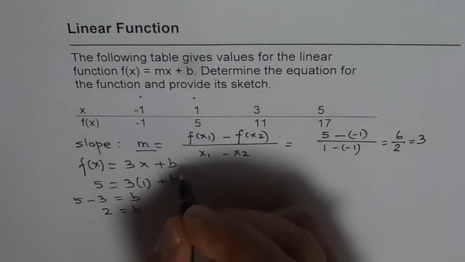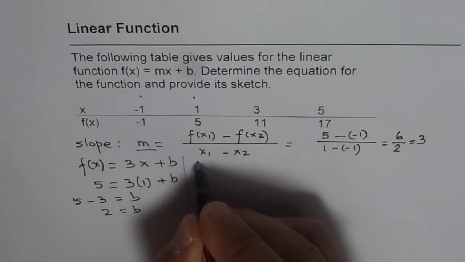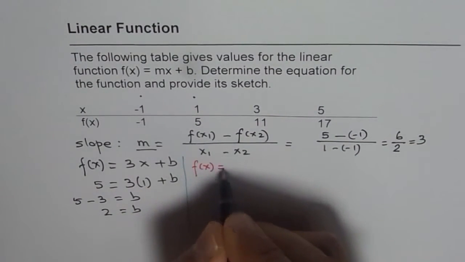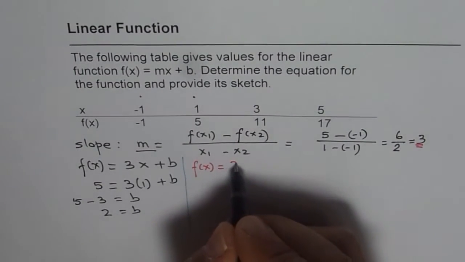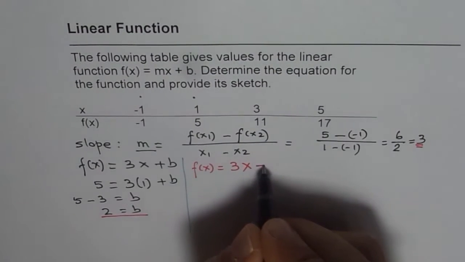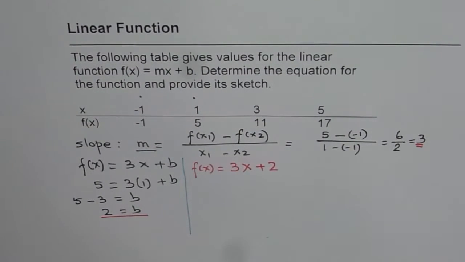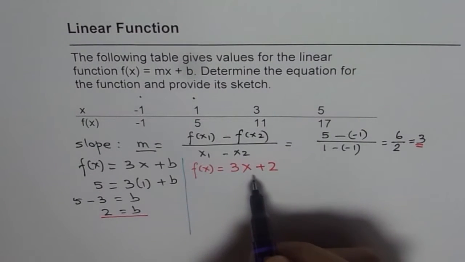Since we get b as 2, we can now write down our function. So f of x should be equal to m of 3, so we have 3x, and y-intercept of 2, plus 2. That represents the function. You can always check it. Idea is to confirm whether you have the right function or not.